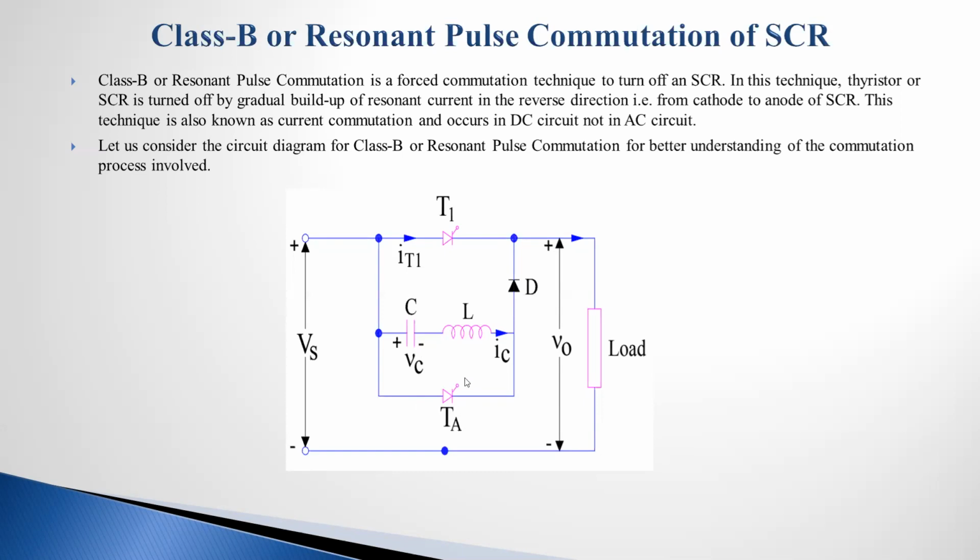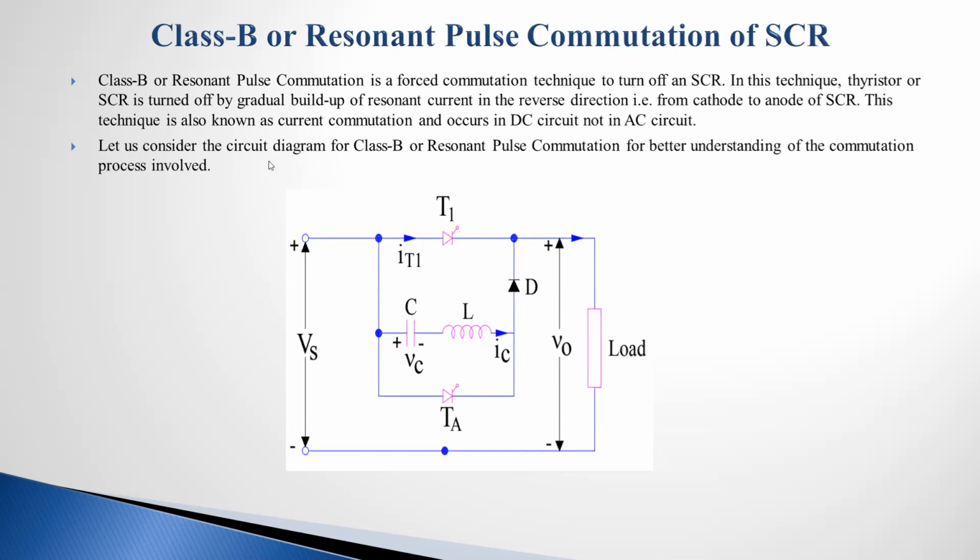The L and C circuit and the auxiliary thyristor are used for turning off this thyristor. It is clear? It means we are using an extra circuit to turn off this main thyristor. Did you get the point?